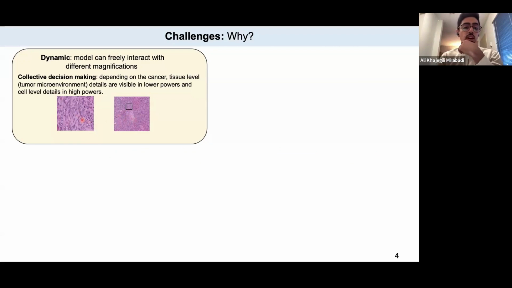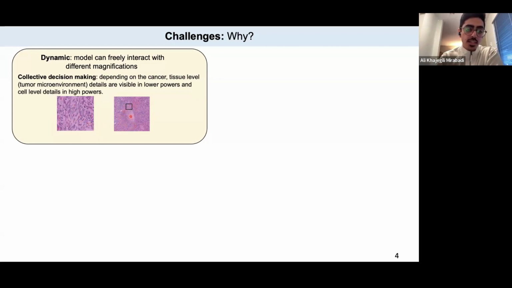By looking at the left patch, we only see that there is a pattern here, but we cannot confirm which type of anomaly it is. So we need the lower magnification patch to understand that there is a pattern forming here, and we can confirm the type by looking at the higher magnification. So we need a collective decision here, because we need to look at both of them to confirm something.